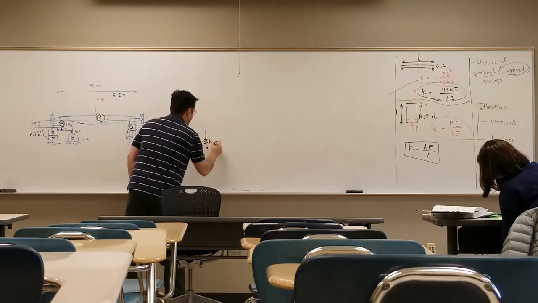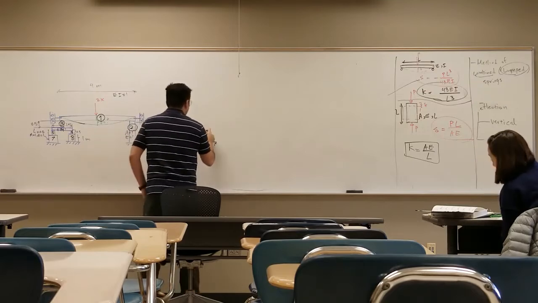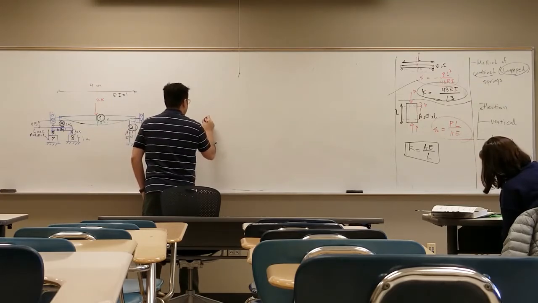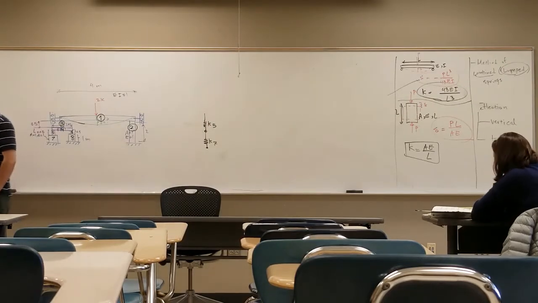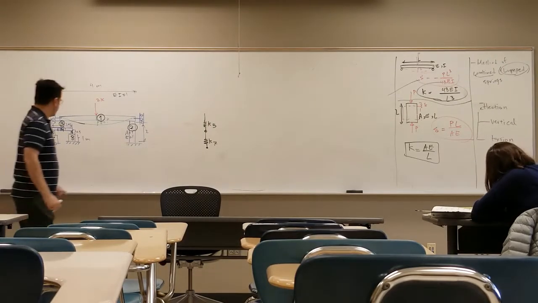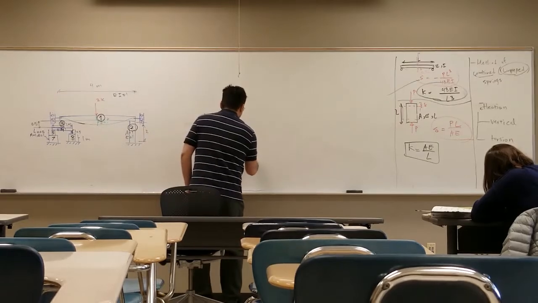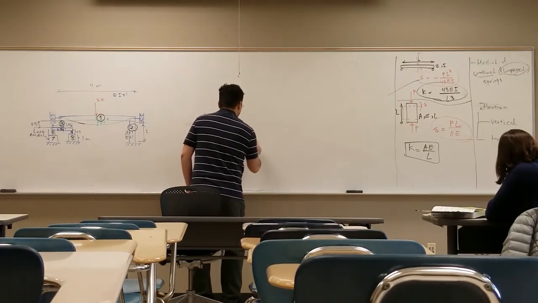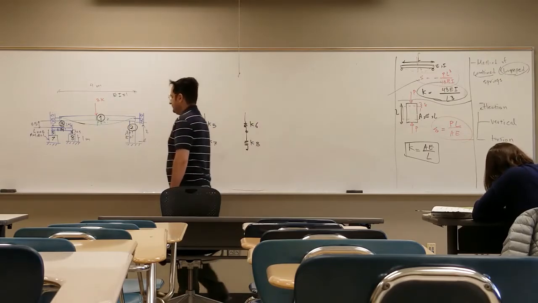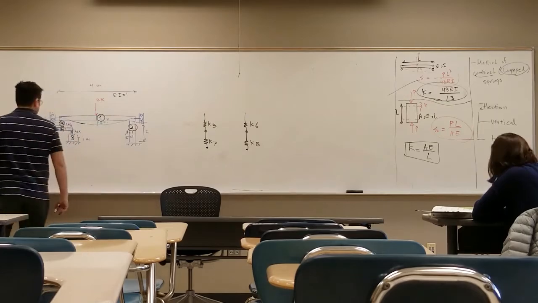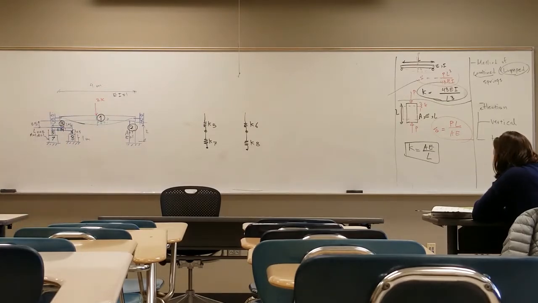So K7. What about 5? In series. K5. You see that? K7, K5, K8, K6. What else?